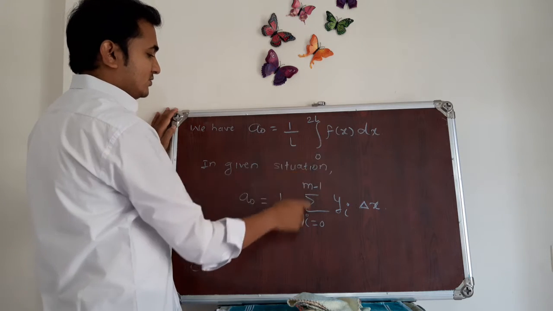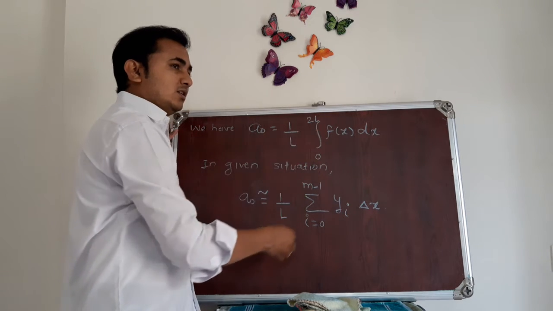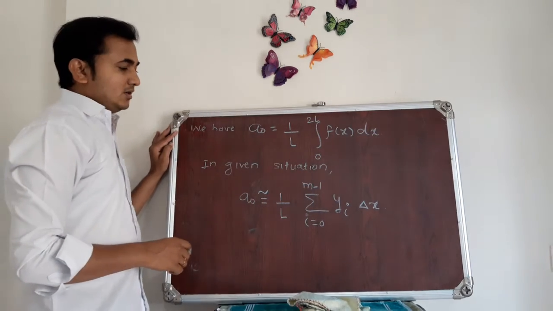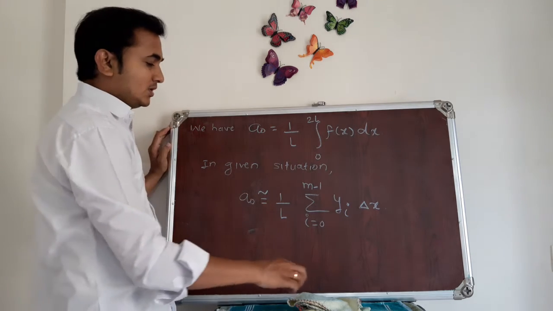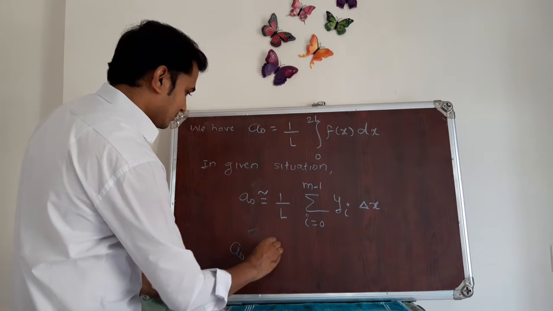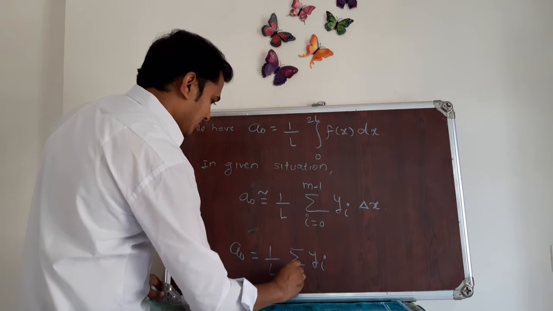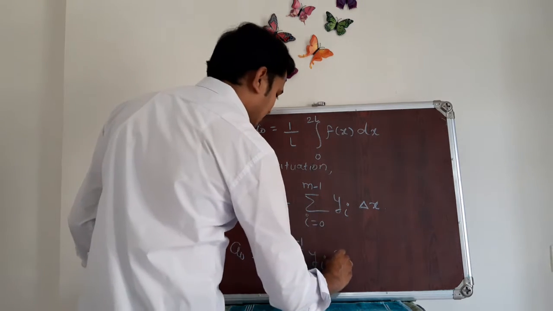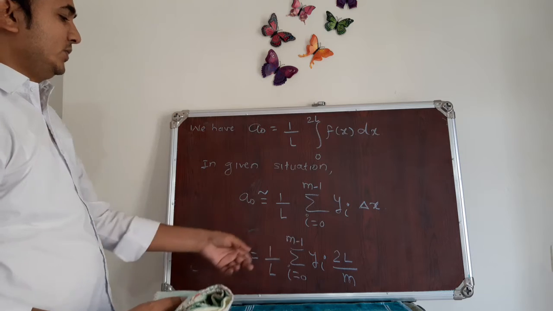This is one and the same, but let me write approximately, because here we are taking very small subintervals having dx tends to 0. So this is more accurate, so we should write approximately equal to. Then a naught is equal to 1 by L summation yi, i running from 0 to m minus 1, times delta x, which is 12 upon m.